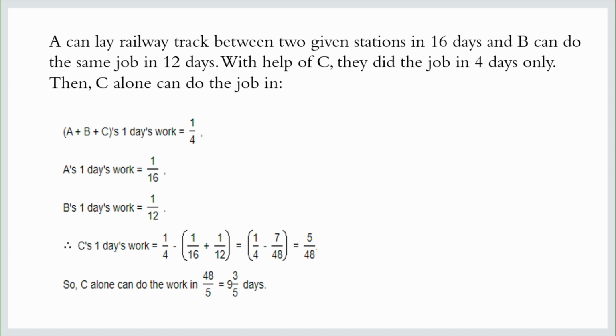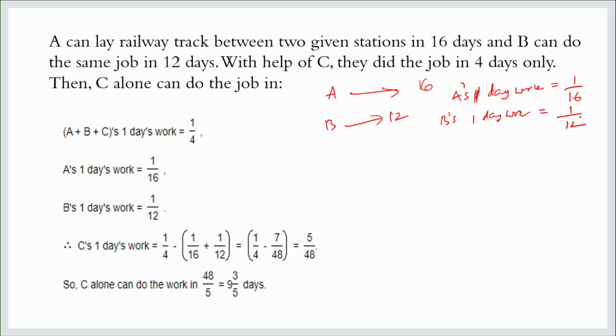A can do the work in 16 days, so A's 1 day work is 1 by 16, correct? B can do the same work in 12 days, so B's 1 day work is 1 by 12.